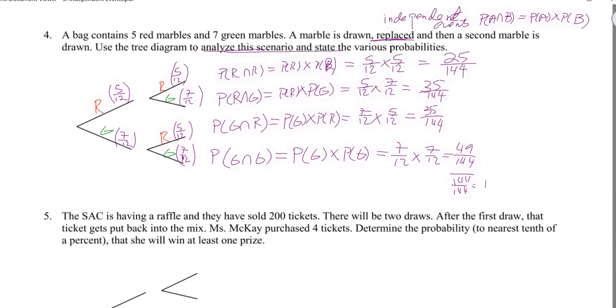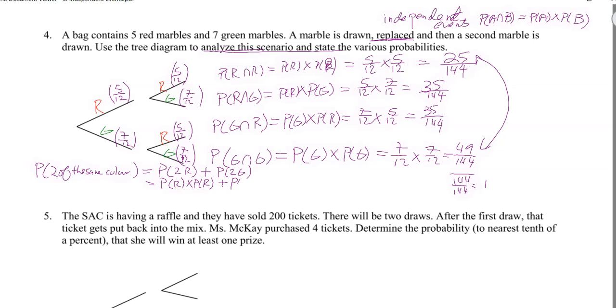The probability of getting 2 of the same color, let's say. Well, you think of it as the probability of 2 reds or the probability of 2 greens. Now, the probability of 2 reds is probability of red times the probability of red.